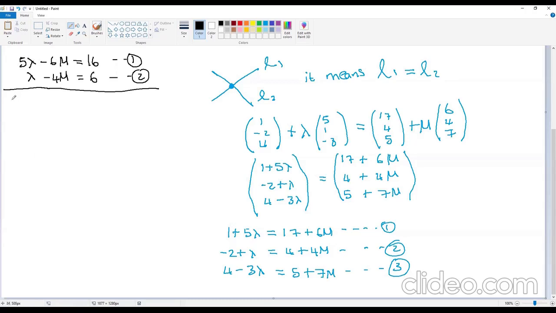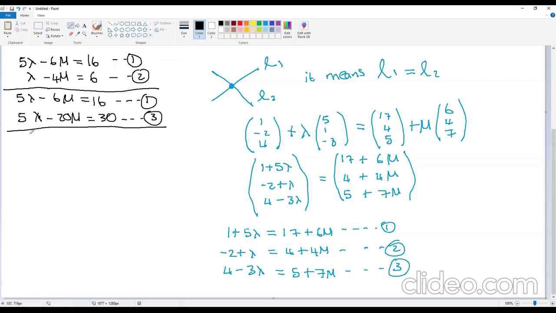I'm gonna multiply this one by 5. I'll leave 1 as it is. Then multiply this one by 5, which will be 5 lambda minus 20 mu is equal to 30. This is 3, right? So it's a new equation.